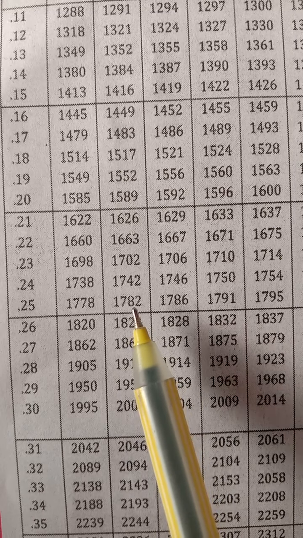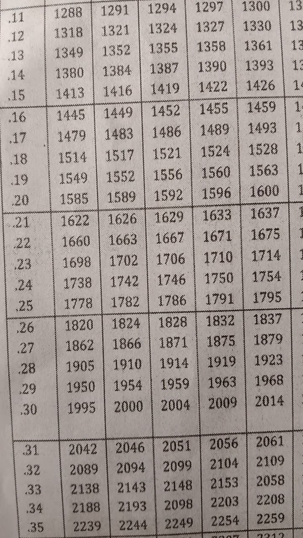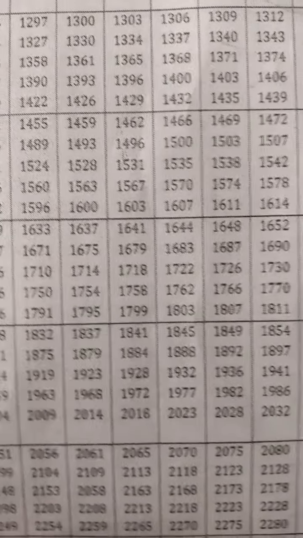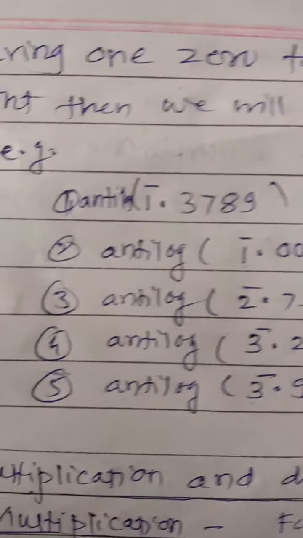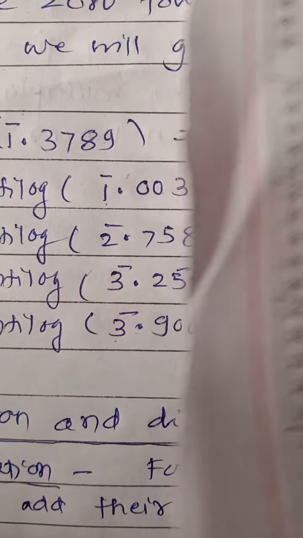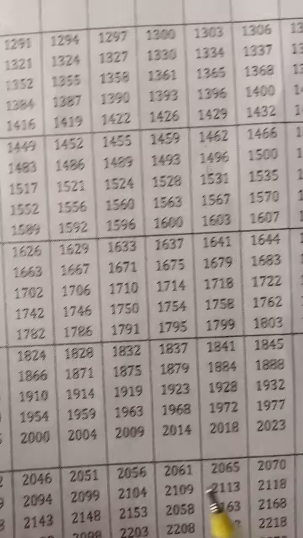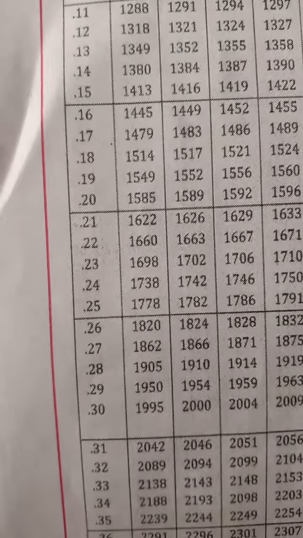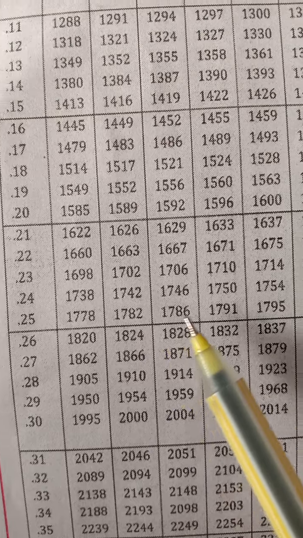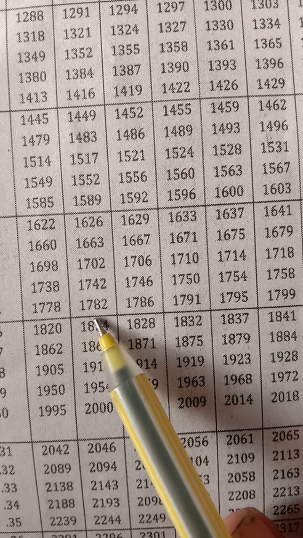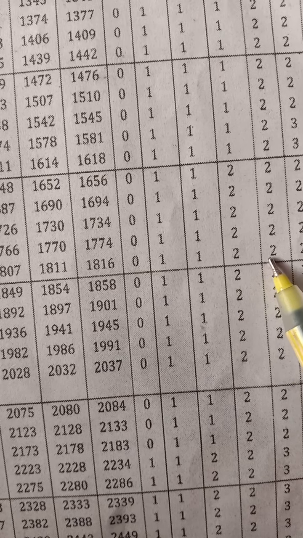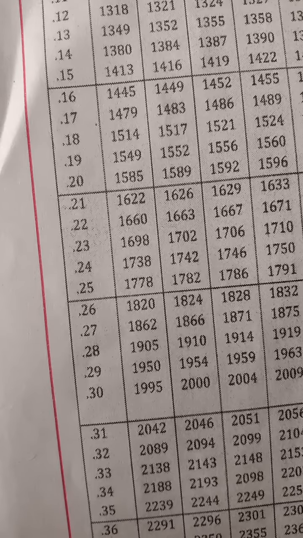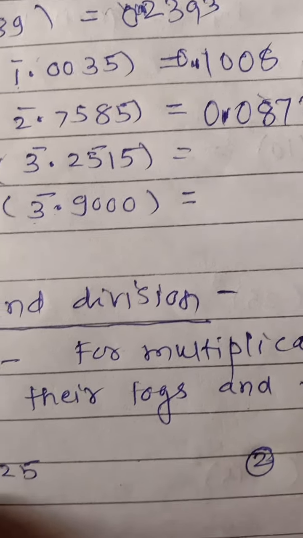Then the first column will be here, and then it is 1782, and then we will have to find the mean difference from the 5th column for the 0.25, which is 2. So 1782 and 2, it will be 1784.